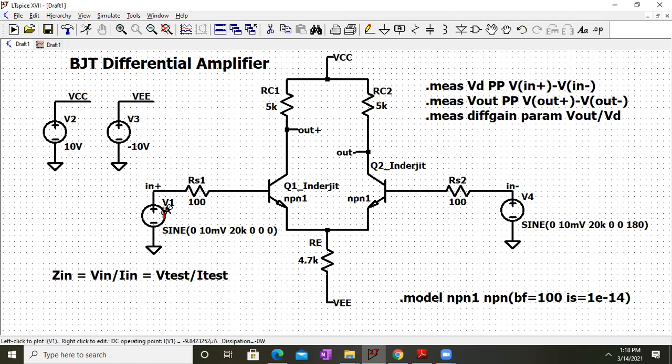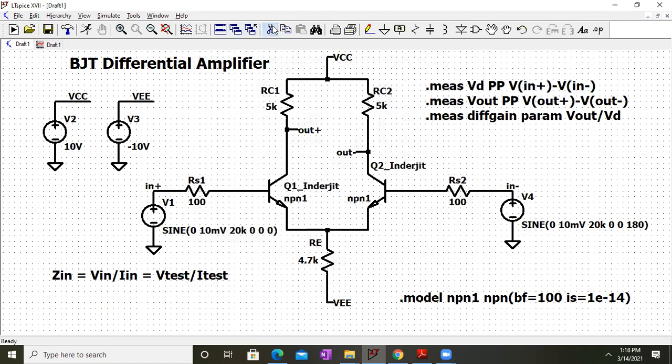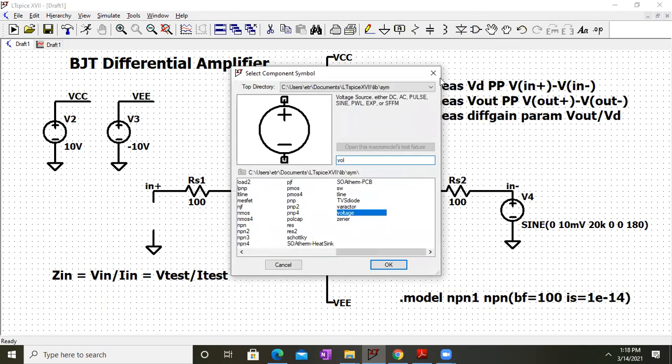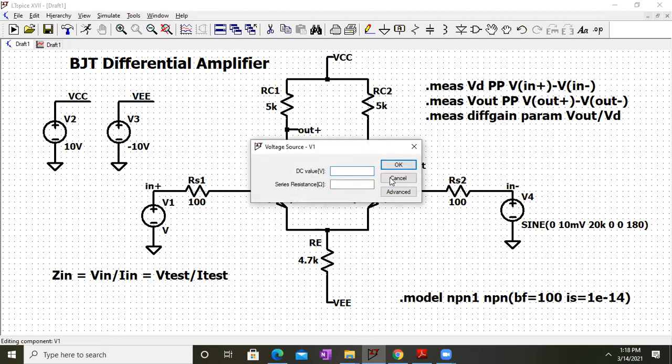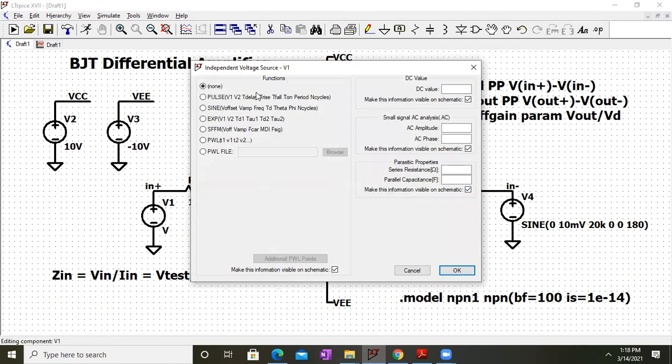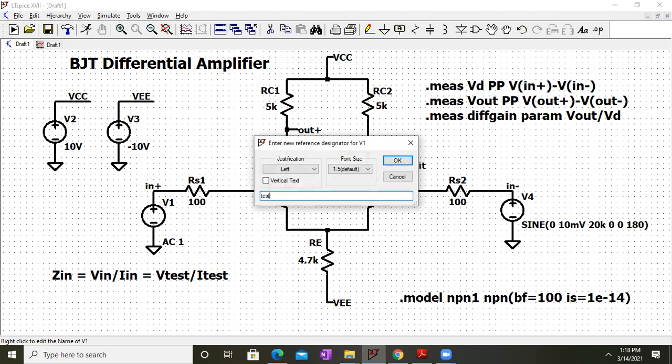Fine. So for that, we need to right click this source. Actually, we first delete this source. We'll add another source and call it test source. We'll rename it, go to value, go to advanced and set the AC amplitude as 1. That's it. And rename the source as test.